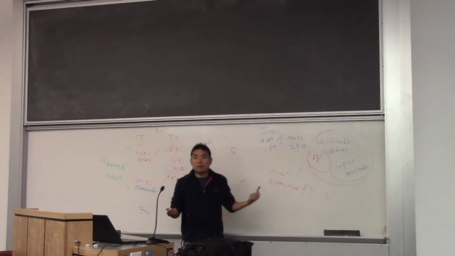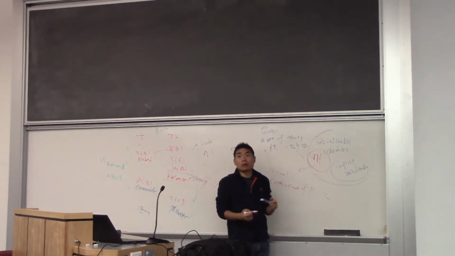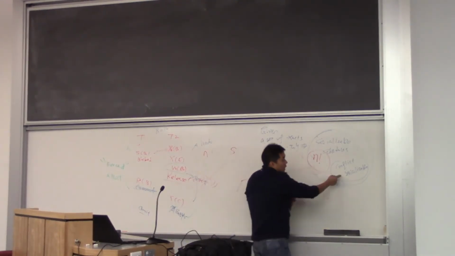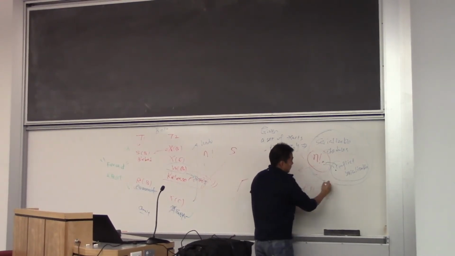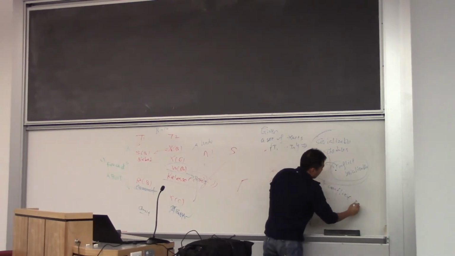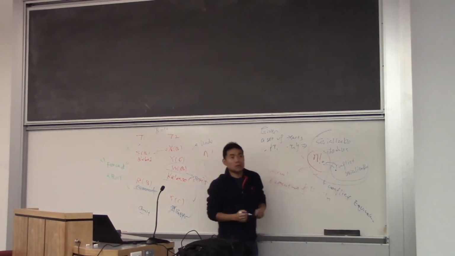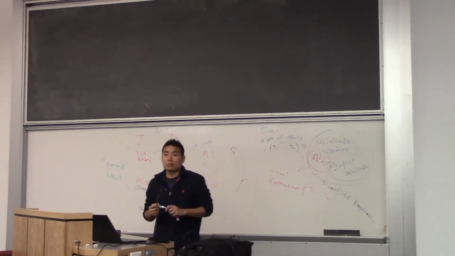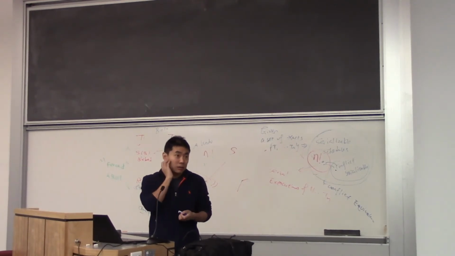They themselves are obviously serializable schedules because they are serial executions, and we have n factorial of them. What are the conflict serializable schedules? Anything here that is equivalent to one of these using the concept of conflict equivalence. That's essentially the set of conflict serializable schedules. Is that all clear?